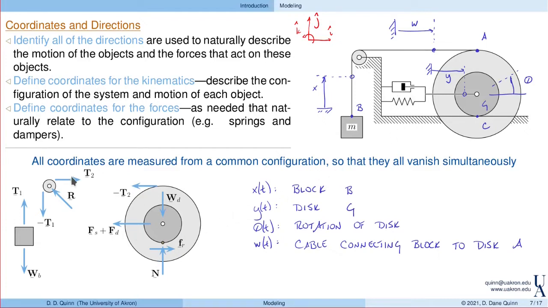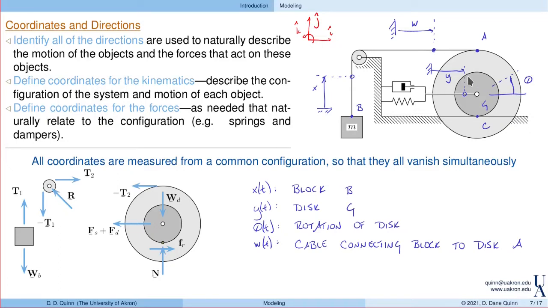So these will all be defined in terms of just some maybe known magnitudes and known directions, as in the case of W, maybe unknown magnitude in terms of the friction force or the tensions. But springs and dampers are very special because they are related to the displacement. If I know where the center of the disk is, then I can tell you what the spring force is.